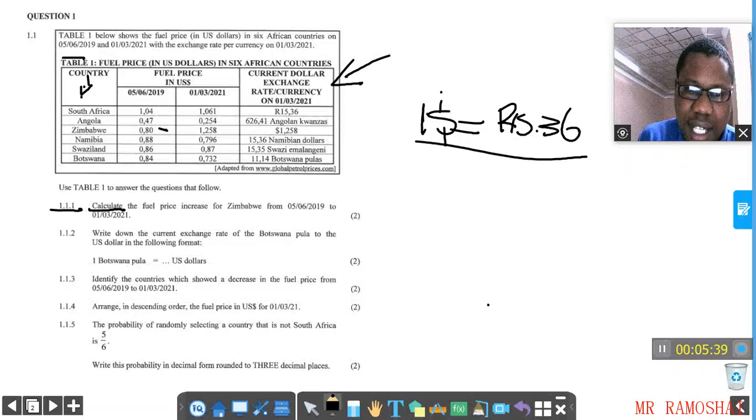Let's take the current. We'll assume that this is the current fuel price.